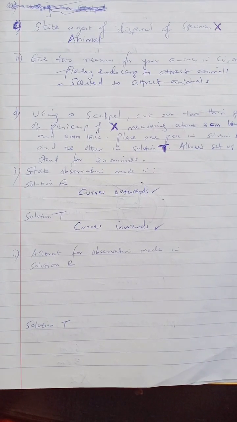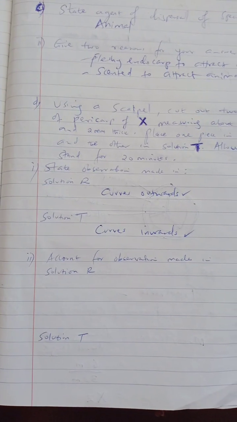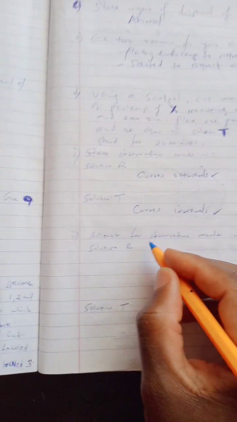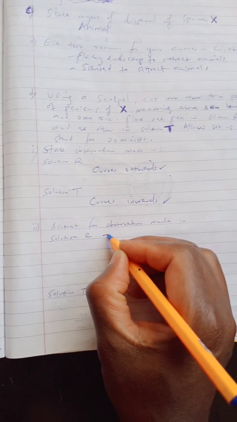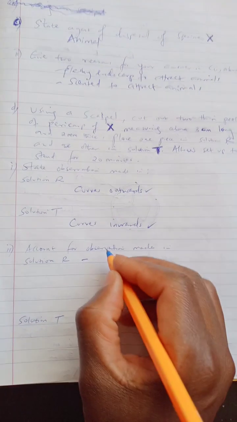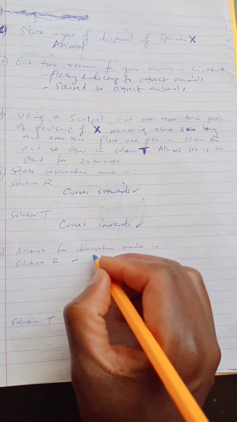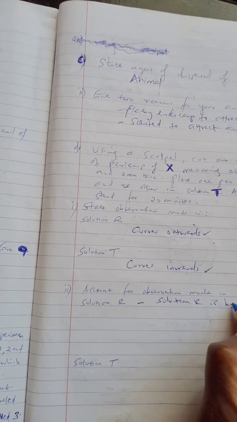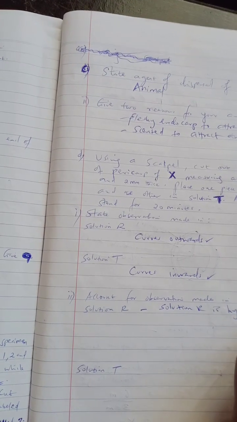Then you explain why the one in distilled water is curving outwards, and the one in glucose solution, solution T, is curving inwards. The answer is very simple: you first compare the solution, solution R, and the cell surface. You say something very simple, that solution R is hypotonic. Remember, it is distilled water.